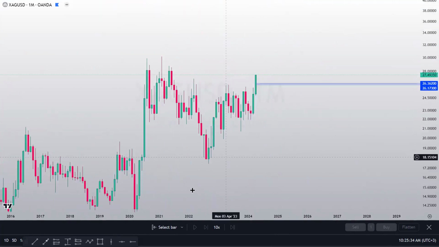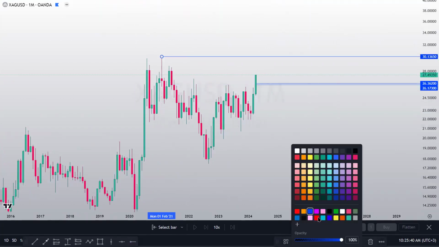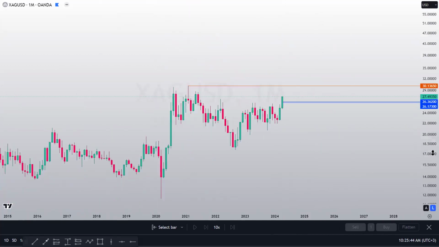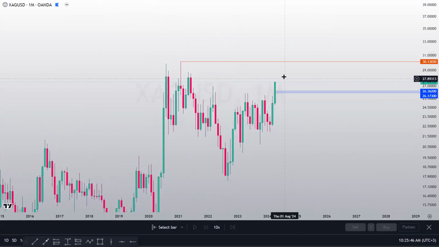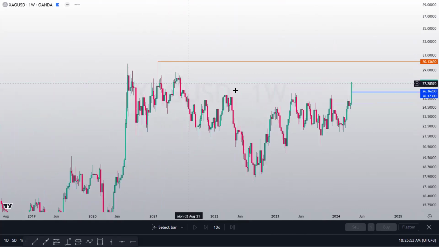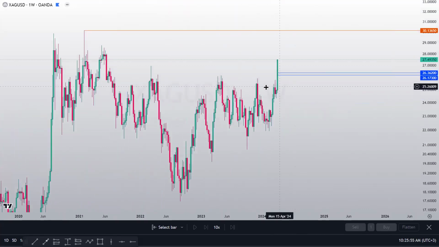And as long as we're having a shift, the main target is going to be the previous input, which is going to be on this particular area right here. So whatever area you take your trades on, if it is the best area for you, you can hold your positions until the market approaches that specific area. But considering also the weekly cycle, clearly we are having an area of liquidity right here.